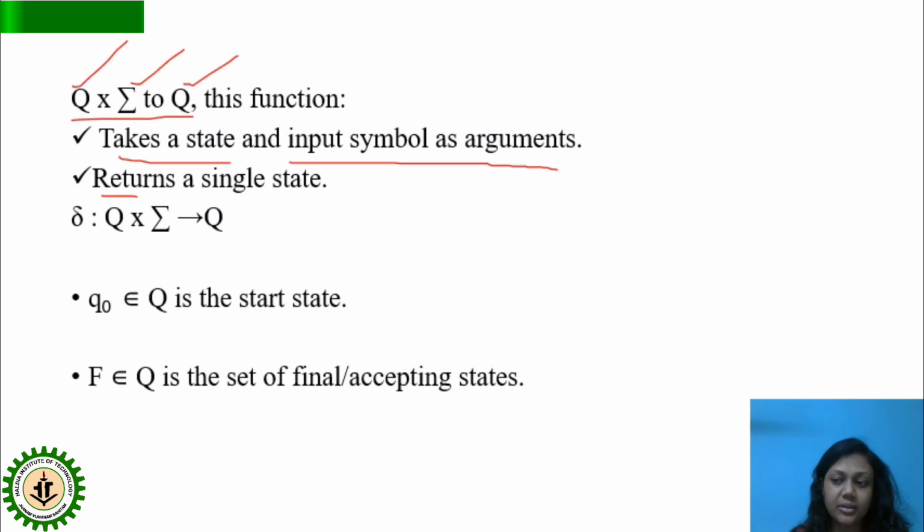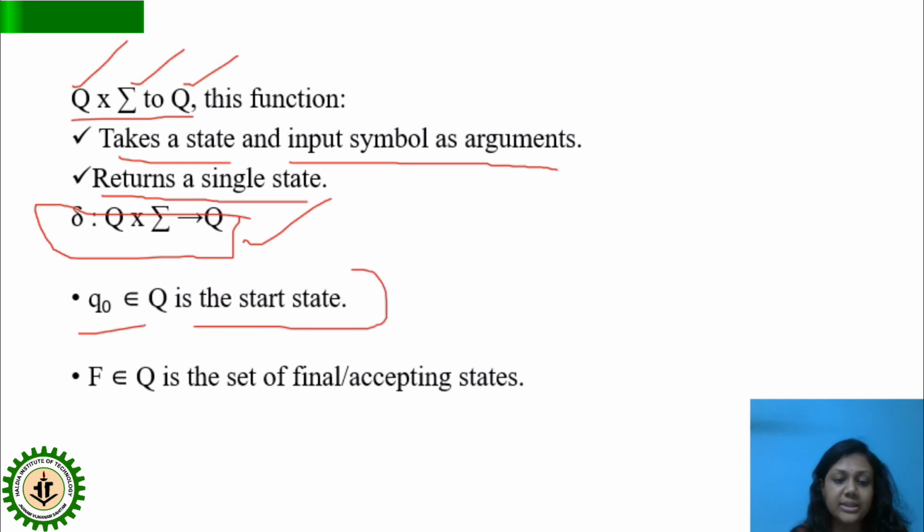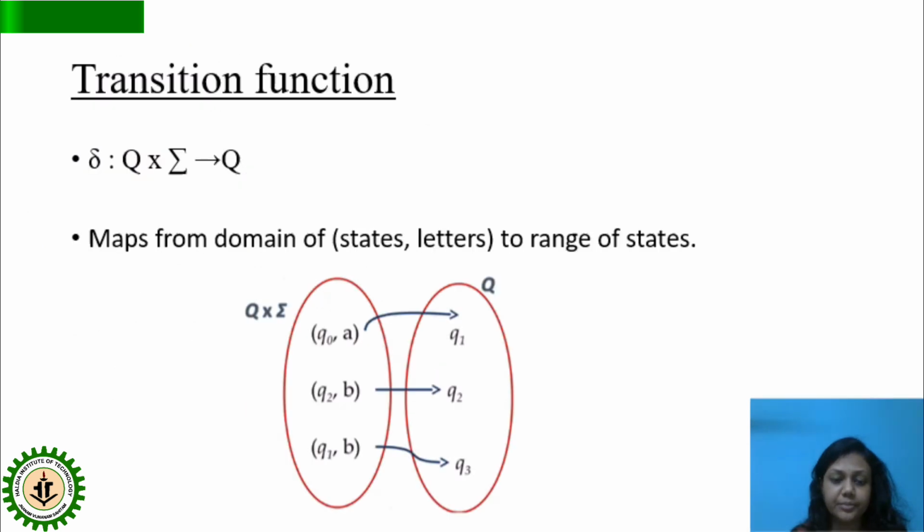It returns a single state, which is defined by this transition function. Now, what is Q naught? Q naught is the start state or initial state. Now, what is F? F will be your final or accepting states. Now, these are the 5 tuples which we have in DFA.